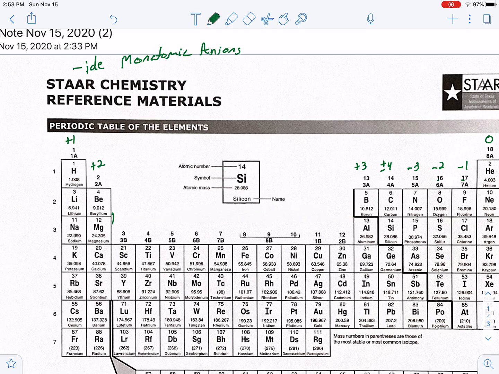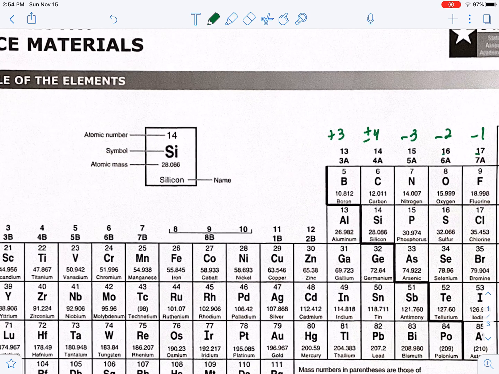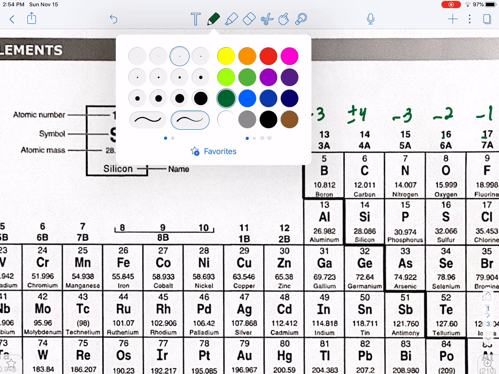Our transition metals start at our D group, so it starts all through here and then travels right to the staircase. We do have some exceptions though. I'm going to zoom in and use a different color here.